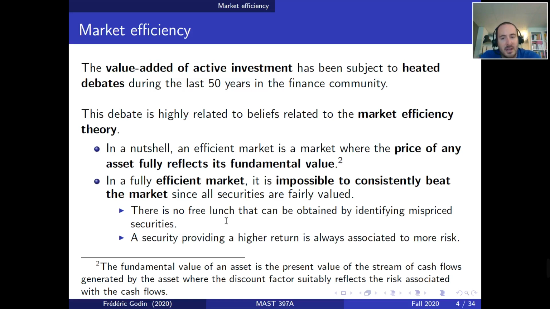In a nutshell, an efficient market is a market where the price of any asset or security fully reflects what we call its fundamental value. So what is the fundamental value of an asset? Here the definition is given in the footnote and is left pretty vague on purpose. In this chapter we will remain very qualitative.